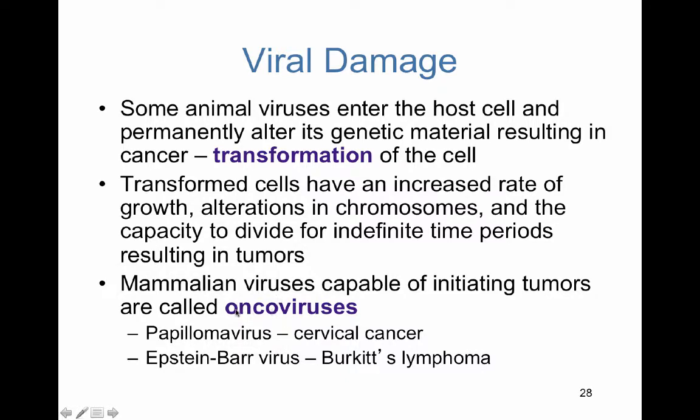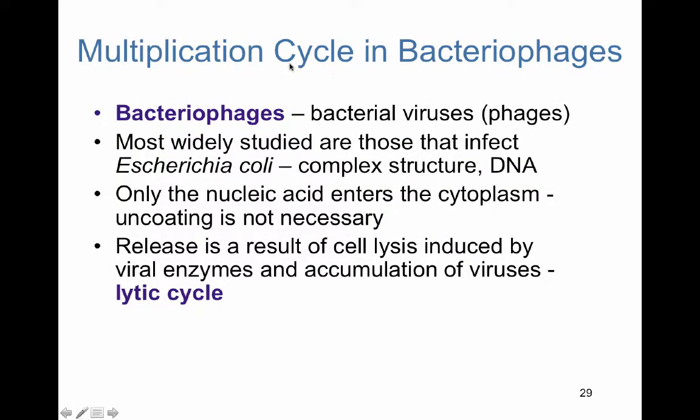So if it has anything to do with cancer, usually you see this onco in front of it. So oncovirus, cancer causing. Now, I'm going to switch gears here from animal viruses into the viruses that infect bacteria. So remember, bacteriophages are unique to bacterial cells, not animal cells. So these guys can't infect our human eukaryotic cells. There are bacteriophages that could infect some of the bacteria that live in our gut, right?